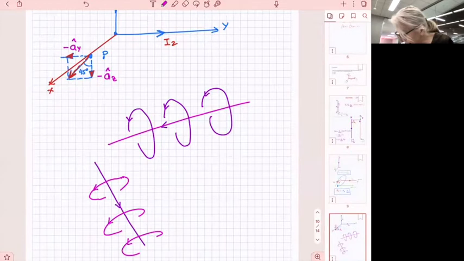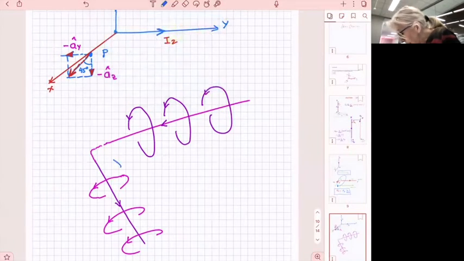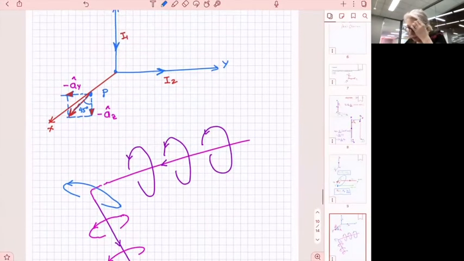But when the current comes here in the corner, then the loop here is going to deform. Approximately, I would say the loop here is going to look more like this. And that's what you see here in the corner at this point.